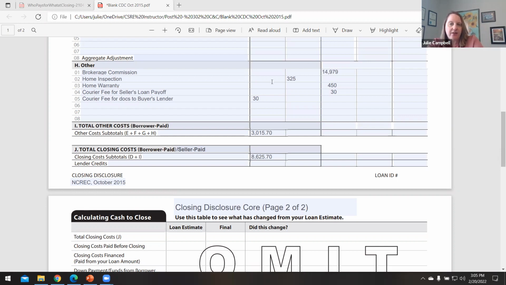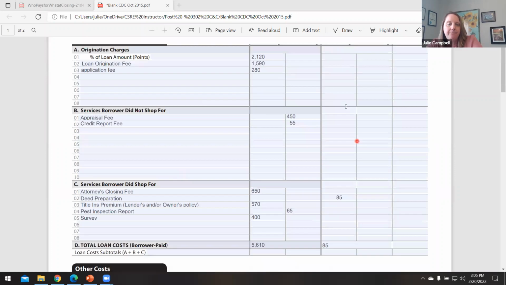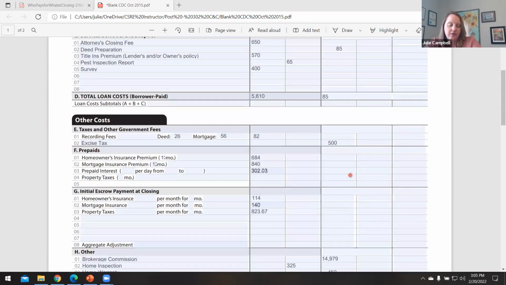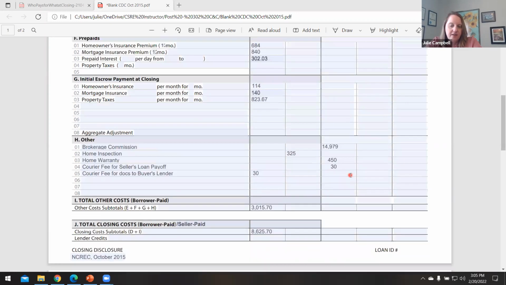Then I'm going to add up the sellers. We did their A plus B plus C. We got their $85. For their E, I have a $500 excise tax. I have commission. I have a home warranty.